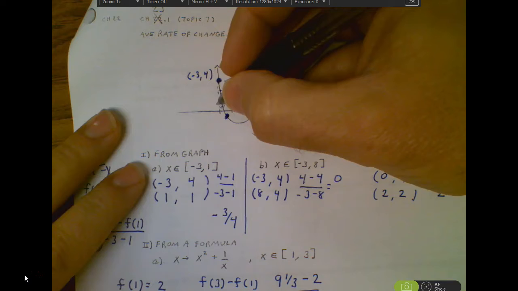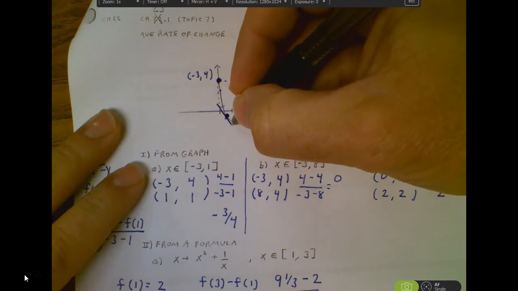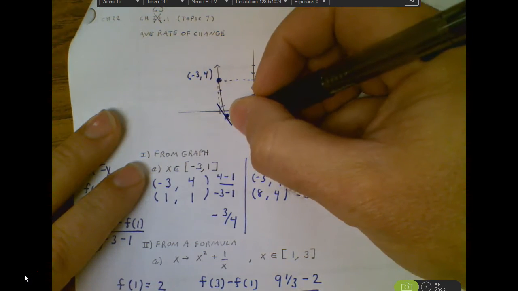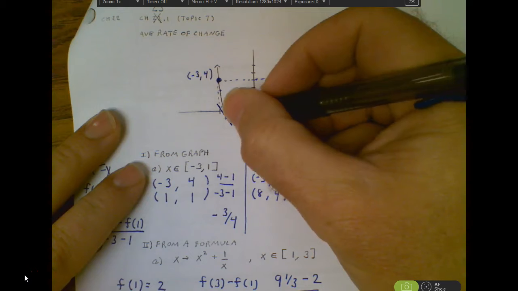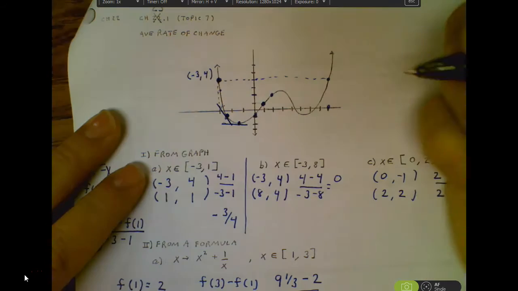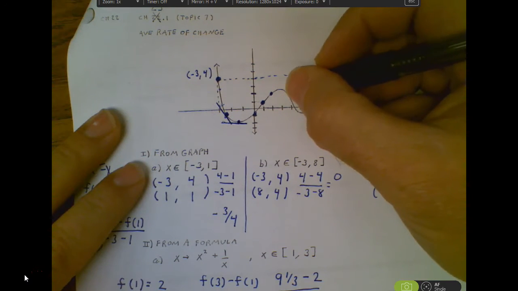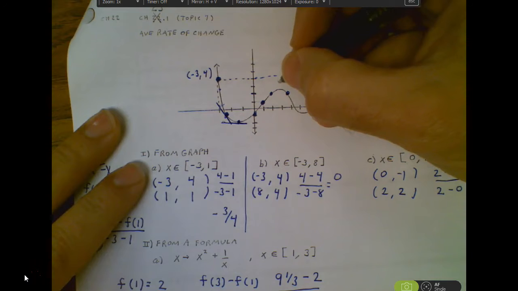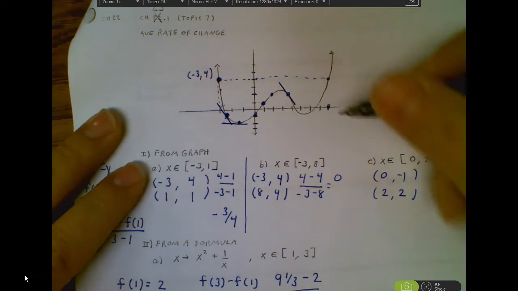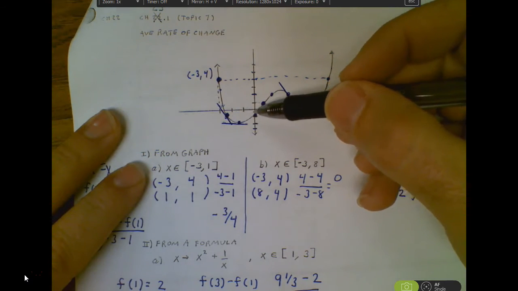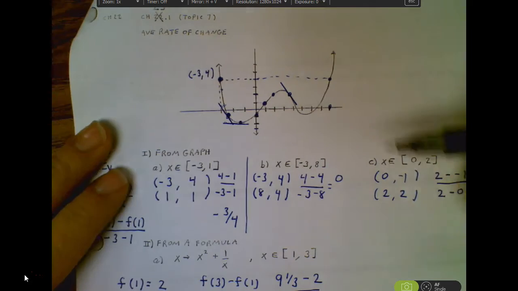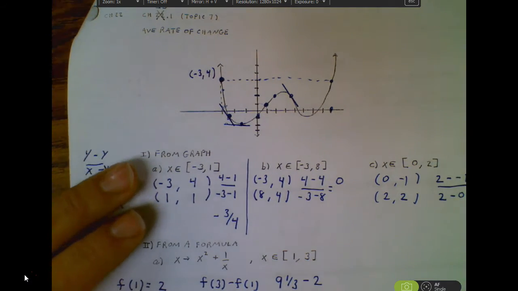You can see I have a slope that runs right through that point, that would be different than a slope through that point. All those would be different. I have these constantly changing slopes, so every point on this graph has a different slope than all the other points.